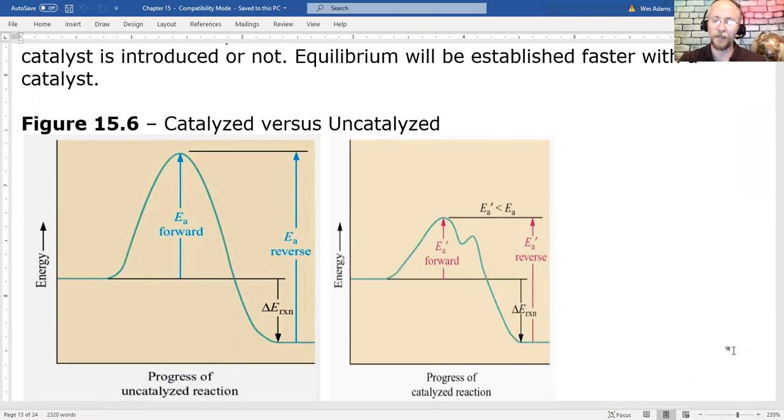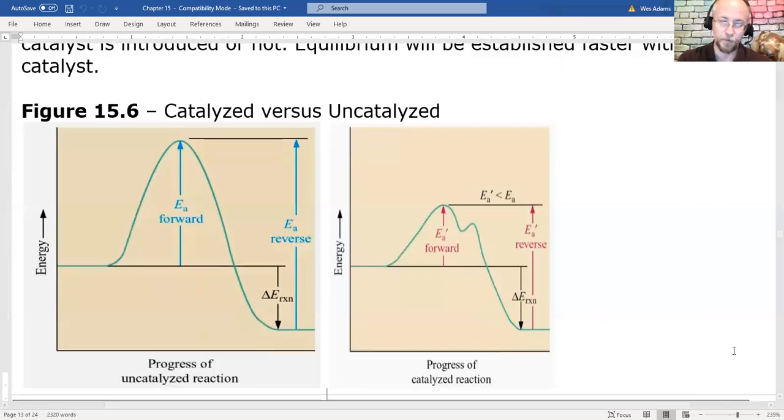We can see the activation energy of the catalyzed reaction is lower and there are 2 humps instead of 1, indicating a likely intermediate. But that won't affect the position of the equilibrium because the energy of the reactants and the products are the same, and therefore the position of the equilibrium is unaltered, so that won't produce any sort of shift.